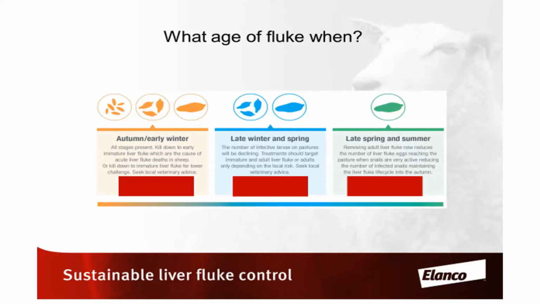When we move into late winter and early spring, at that point we haven't got any, or probably shouldn't have any, early immatures in those animals. So there's no point in using triclobendazole at that point. You could use either the closantel or the nitroxinil, which kills these 2 stages of liver fluke, the adult and immature.